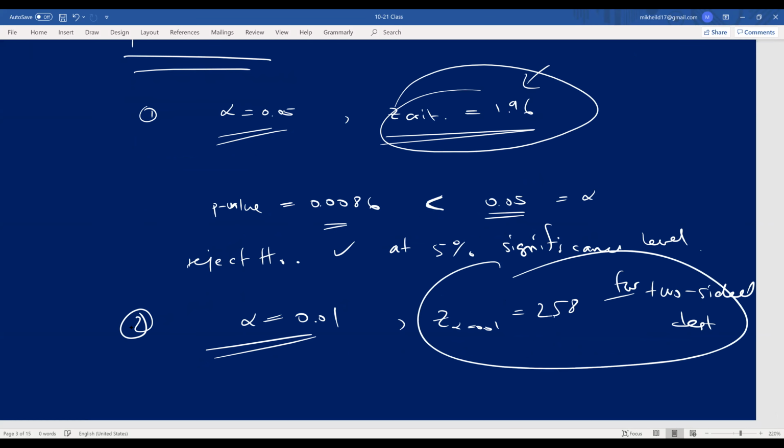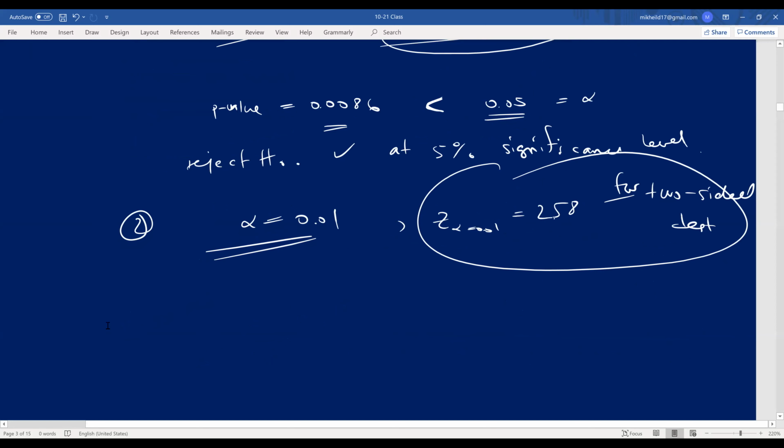Remember, this is just an extra thing. And then again, you have the p-value, which is 0.0083, and then you have alpha, which is 0.01, and then again you reject.